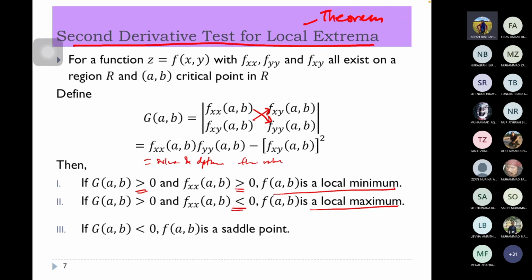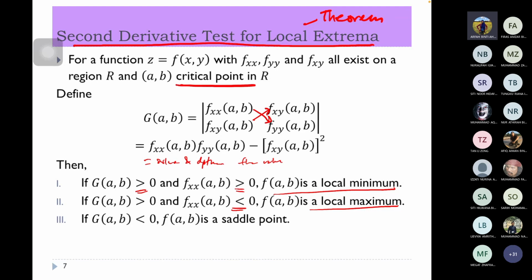And if G(a,b) is less than 0, then f(a,b) will be a saddle point. Okay. So ini syarat-syarat dia nak tentukan critical point in R. So if G equals 0, there is no conclusion that can be made in this case. Kita tengok example untuk dapat lebih mudah how you are going to solve for this one.